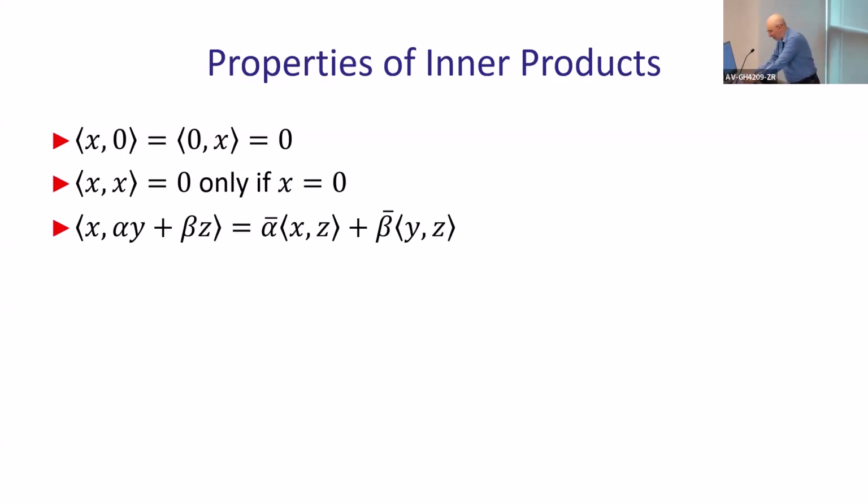So what you have is something like this. We have the rule that for vector x and vector y, the inner product of x and y equals the conjugate of the inner product of y and x. So now we have x with alpha y plus beta z.